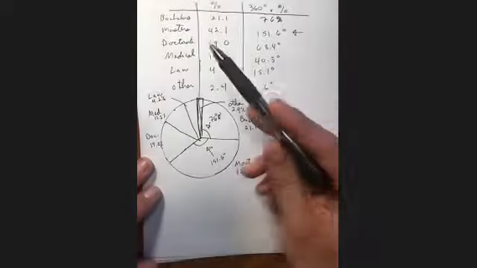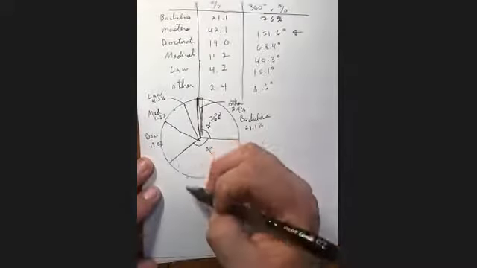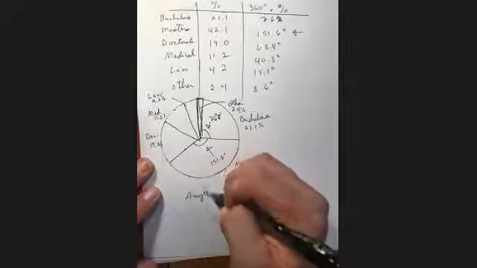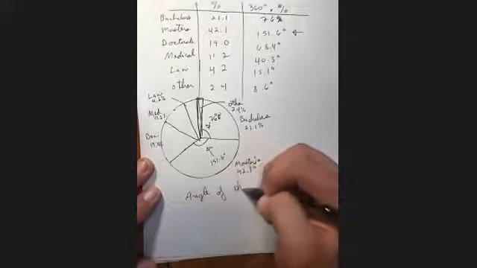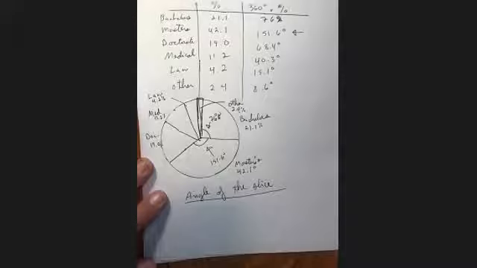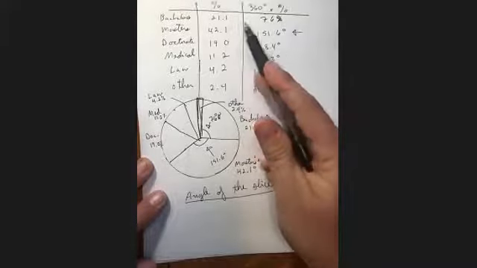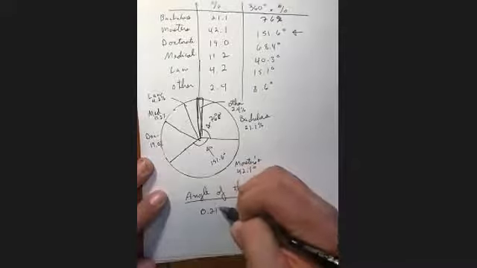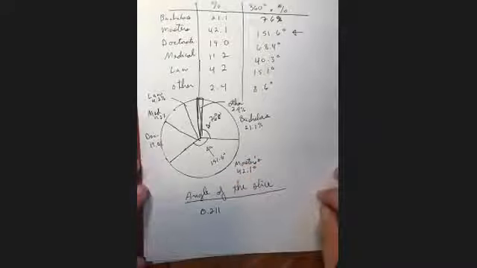So for, say, the bachelors, we want to find the angle of the slice. We take the percentage of bachelors and we write it as a decimal. This is very important. So we don't use 21.1, we use 0.211.